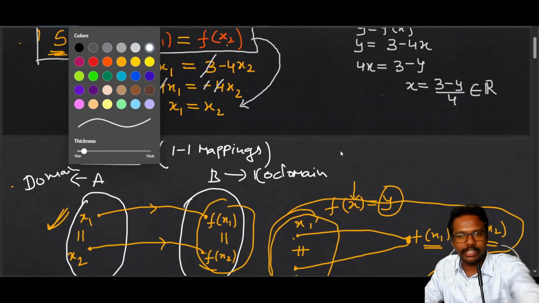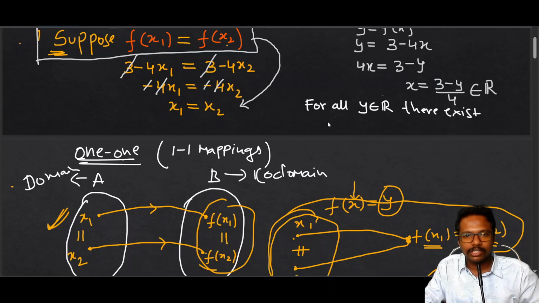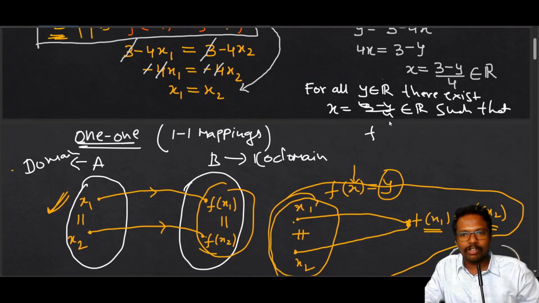one sentence here. For all y belongs to R, there exists x equals 3 minus y by 4, which belongs to R, such that f of x, which is 3 minus y by 4, equals y.